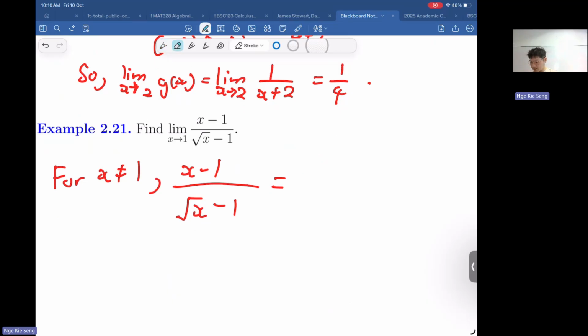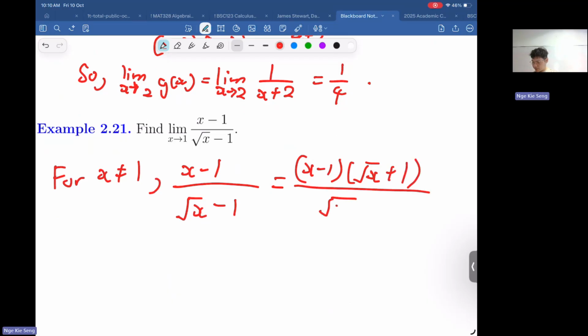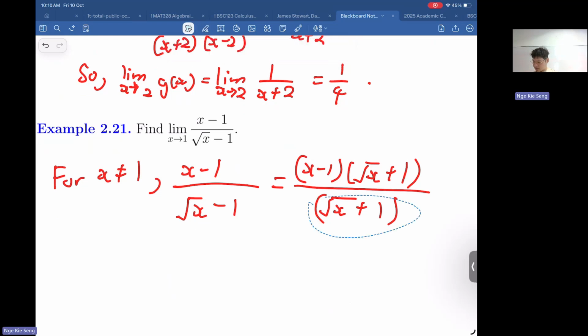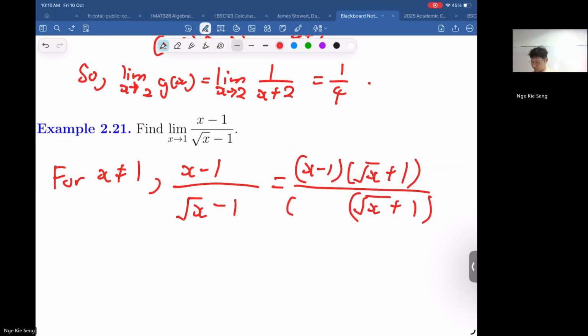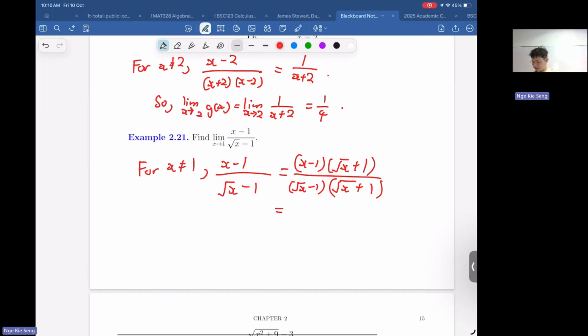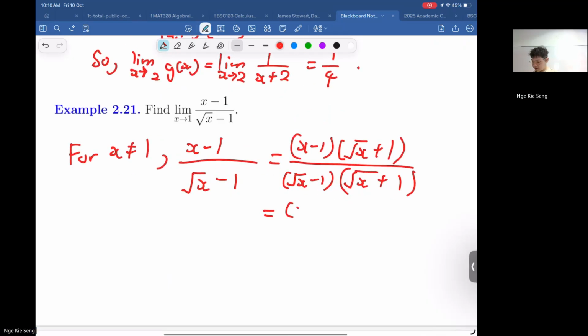Let's try your method first: x minus 1 times square root x plus 1 over square root x plus 1. Let's see if this works. Actually, there is some difference of squares, right? What I said just now is not true. Why did no one correct me? So let's try your friend's method first, to see if it works or not.